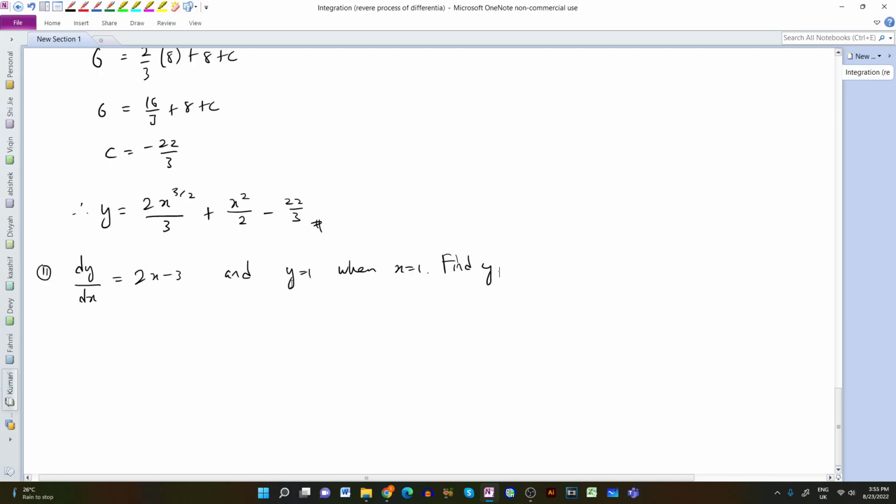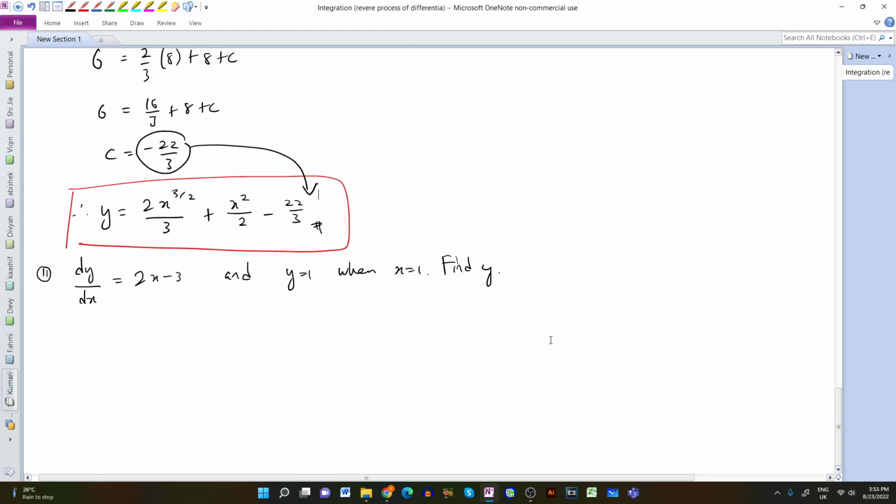Which one? Number 10. This is the answer. You rewrite again the equation once you find the C. The C you replace here. Wait, let me finish it. Okay. 11.